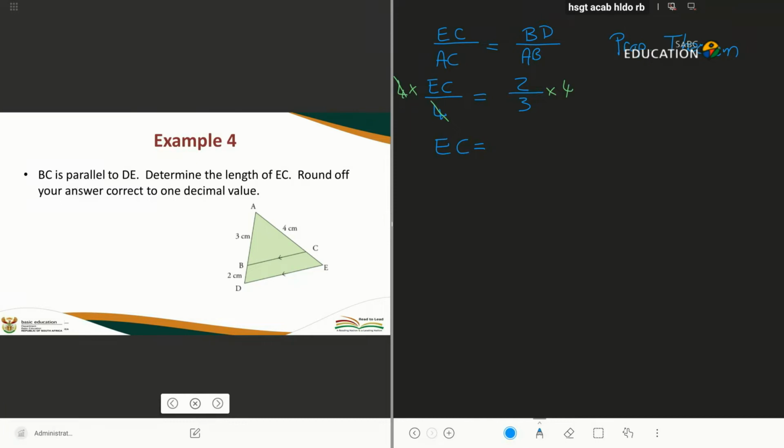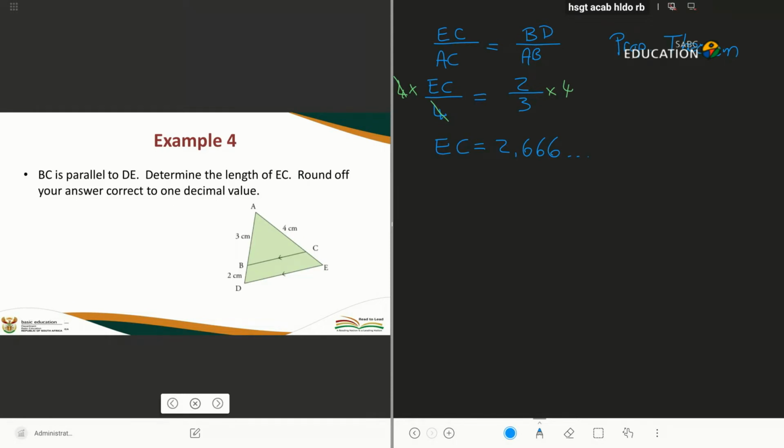Now I take my calculator again, and I say 2 divided by 3, multiplied by 4, and it gives me a value of 2.666. And now again, please look at your instruction. It says correct to 1 decimal value.